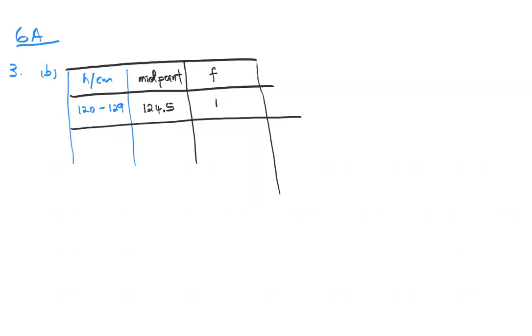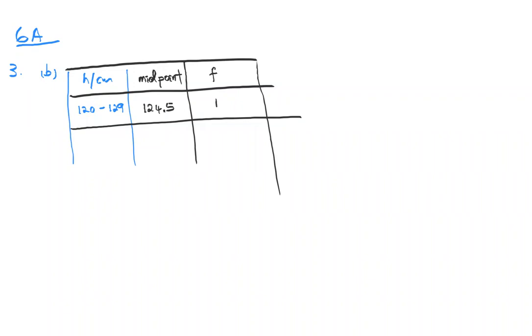Because do I know exactly how many data is 120? But I know within 120 to 129, there is one data within that value. But what is the value of the data? Do I know? I don't know. That's why I assume the data value is 124.5. So when you group them together into one range, this is called group data.